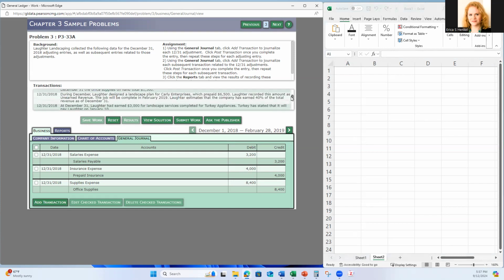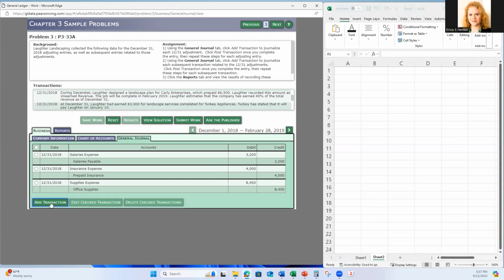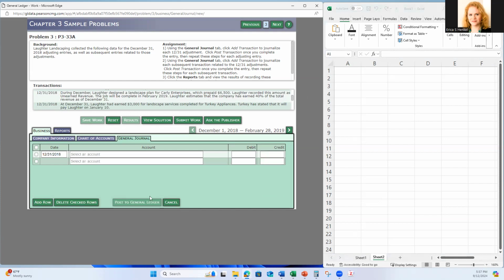Okay, so continuing on with our next entry here, we're going to add another transaction. It says, during December, Laughter designed a landscape plan for Carly Enterprises, which prepaid $6,500. Laughter recorded this amount as unearned revenue. So we have unearned revenue sitting out there of $6,500.